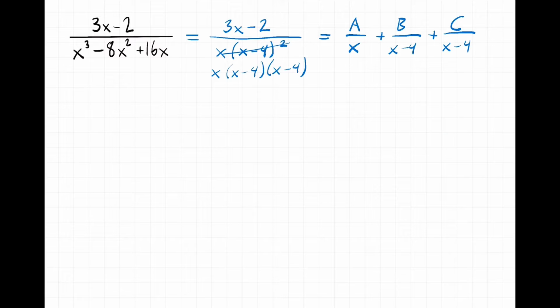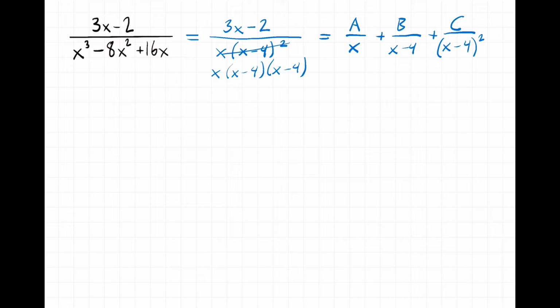Because the x minus 4 factor in the bottom has a power of 2 on it, we'll actually have to have 2 different rational functions that use it in different ways. The first one will have b over x minus 4, like I wrote. But the next one is going to be c over x minus 4 squared. And this, as it turns out, will give us exactly what we need. This will give us a unique choice of a, b, and c that are all numbers that allow us to break down this rational function.